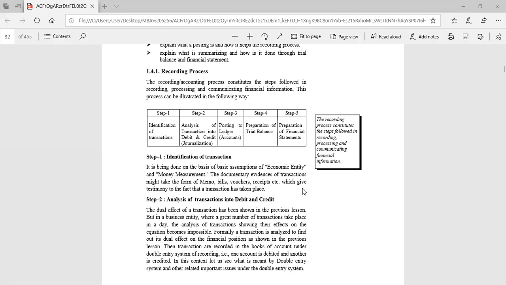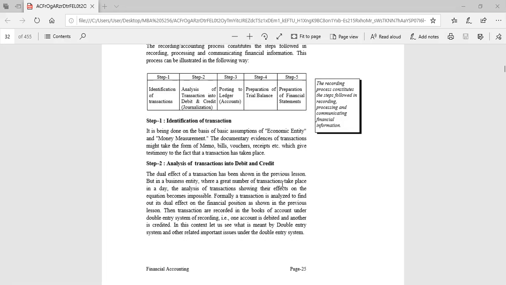Number two, analysis of the transactions into debit and credit. We know that when we make any kind of transaction, we need two parties. Without two parties, a transaction does not occur. A transaction cannot be created alone. So obviously we need two parties.